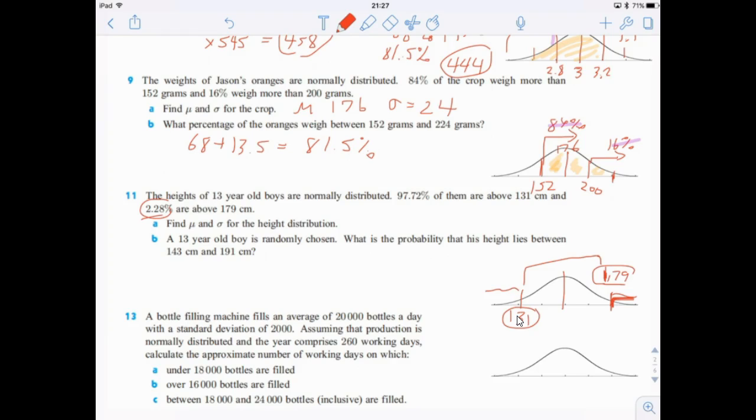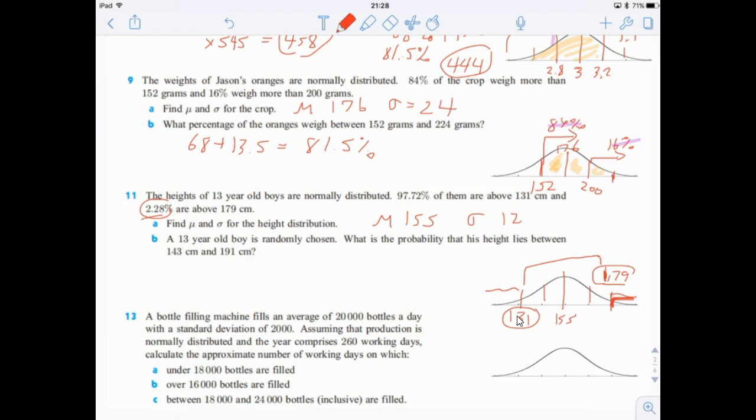It's going to be about 24 plus 131, which is going to be 155. Okay. And then each one of these divisions is going to be a standard deviation of 12. Okay, so the sigma is 12. The mu is 155.